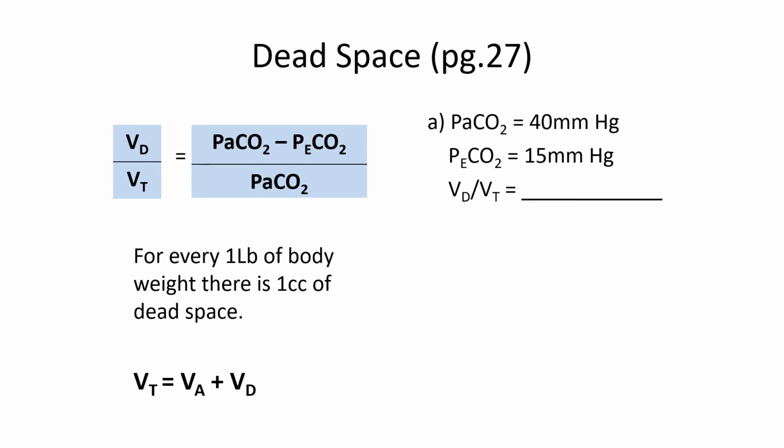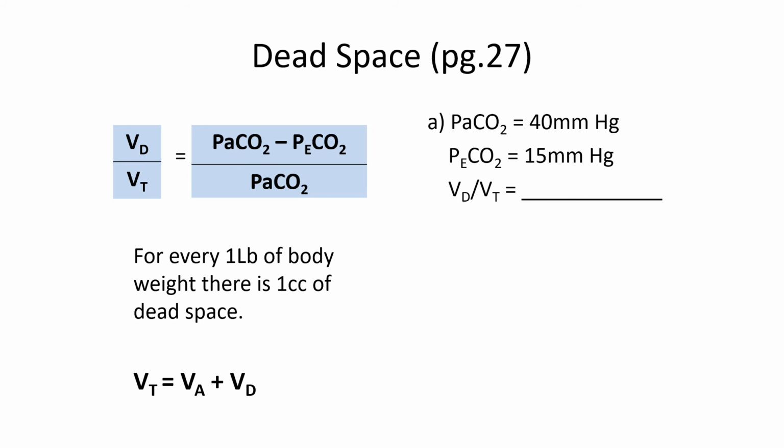Dead space volume. So from your lips all the way down to your alveolar sac, you have space for gas exchange, but there are areas, volumes, that will not be involved in any gas exchange, and that is called the dead space. So when you inhale some air, let's say a liter of air, some of that is going to be in that dead space and is not involved in any gas exchange.